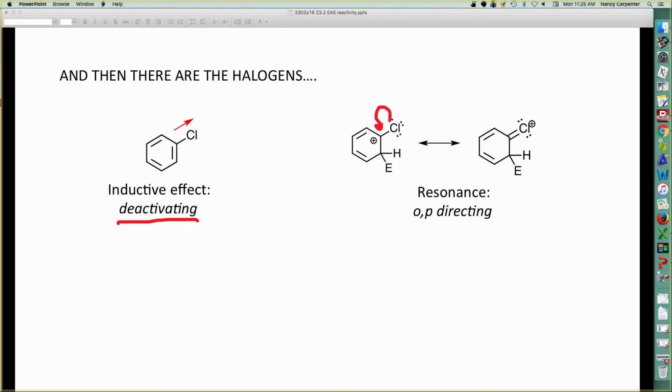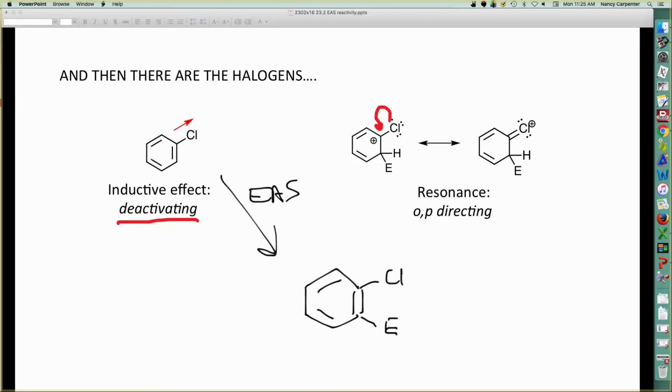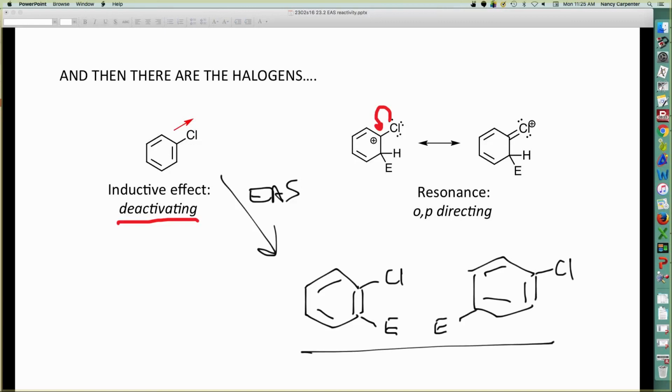When I get chlorobenzene and I do EAS with it with some electrophile, I will, period the end, get the ortho and the para substituted products. That's the data. So that's what we have to pay attention to, and then we go back and explain it.